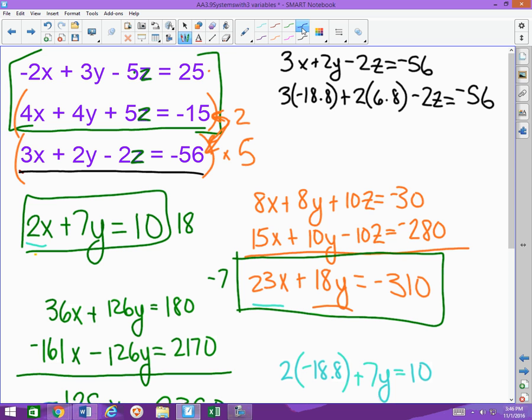Well, 18.8 times 3 is 56.4 of the negative variety, plus 13.6 minus 2z equals a negative 56. So then we can add 56.4 and subtract 13.6.